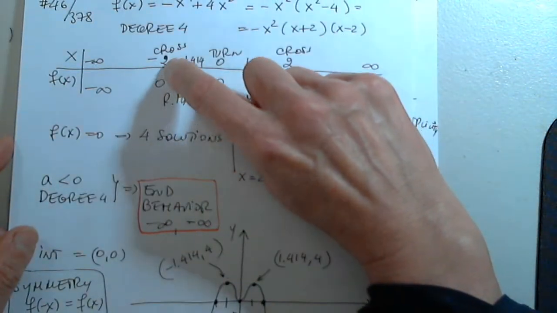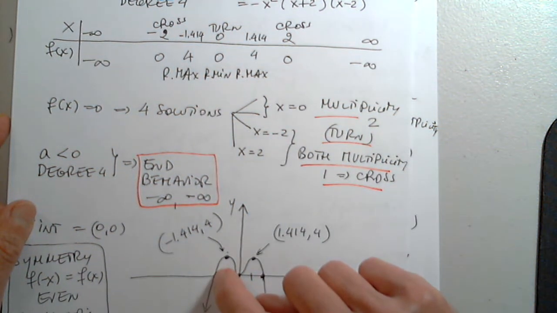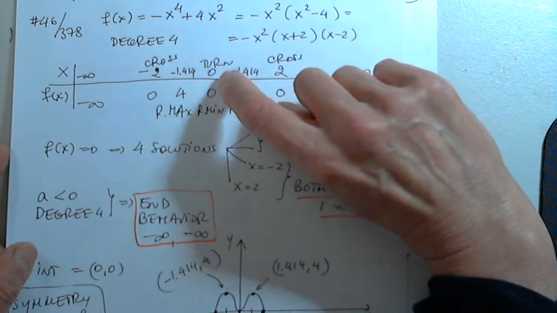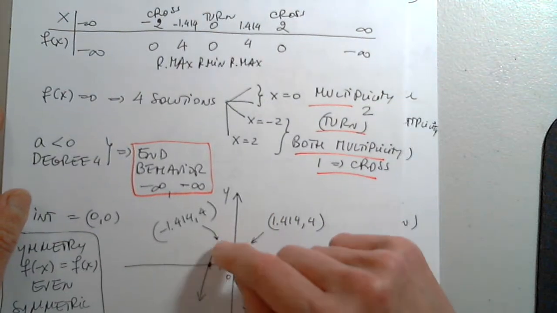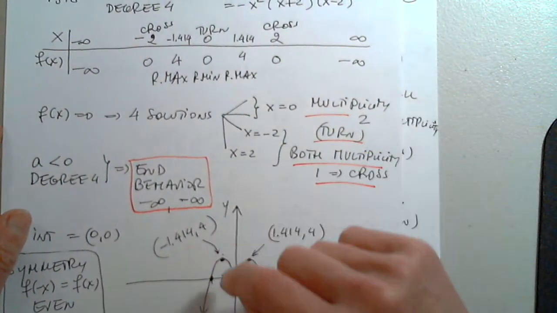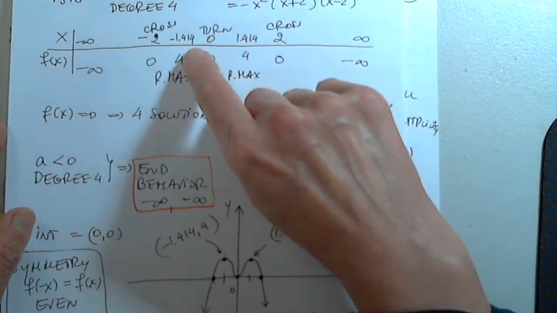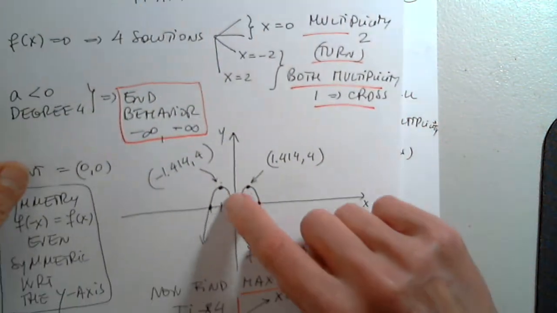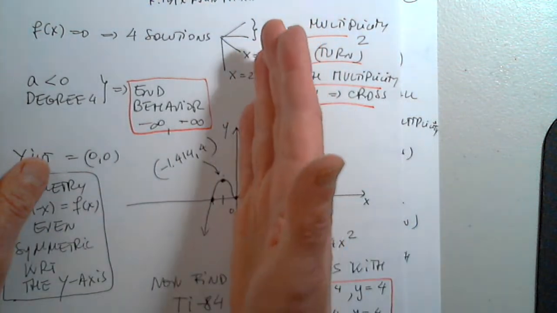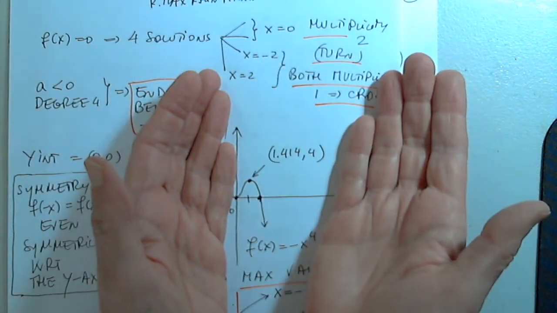I see it crosses at (-2, 0). It has to reach a maximum because it has to turn, come back to 0, and turn again. It cannot turn at 0 if it does not have a maximum up here. And once I'm finished, I only have to copy on the other side.